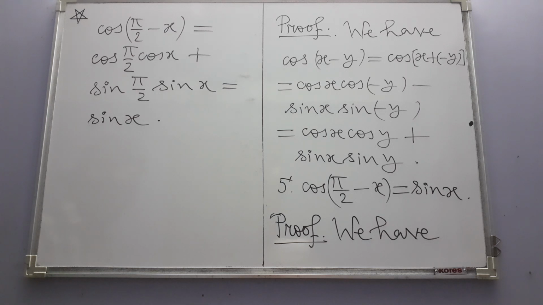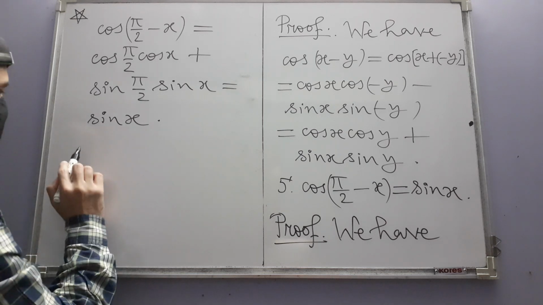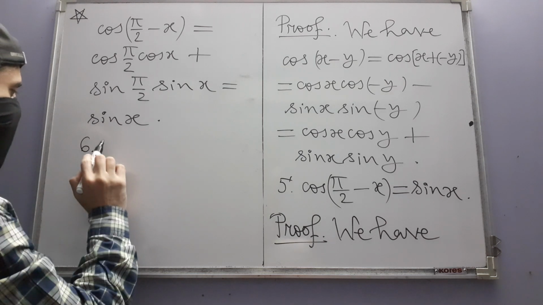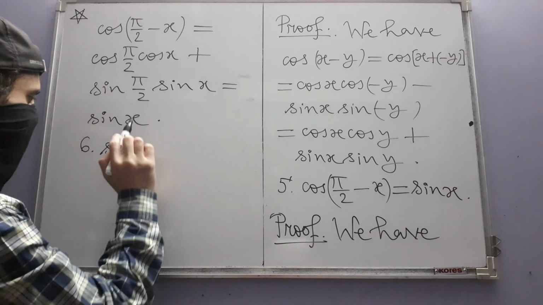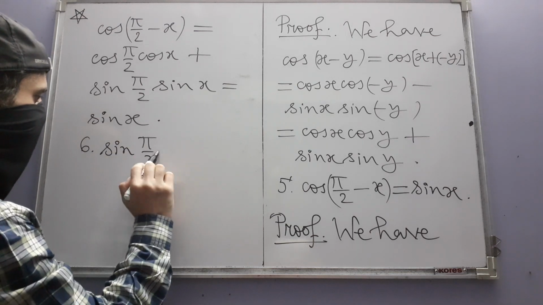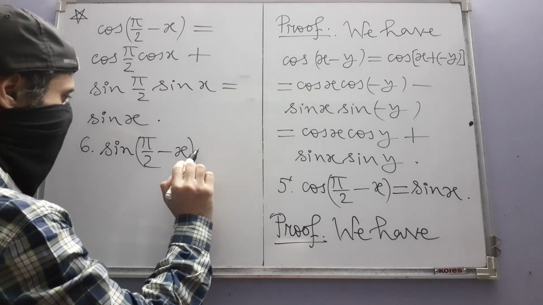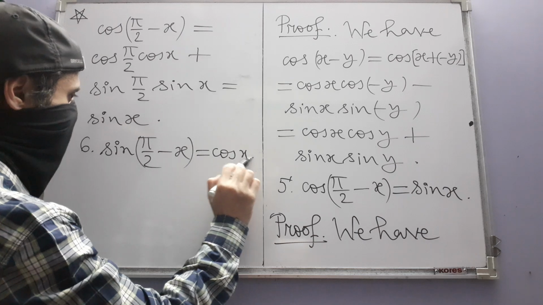Okay, so that's how we have our fifth one. Similarly, we have a sixth one also, where we start with sine and that gives us cos x.